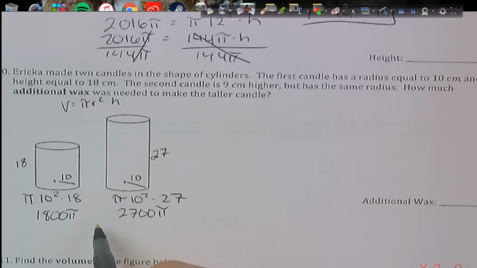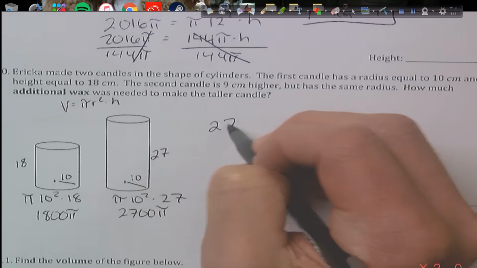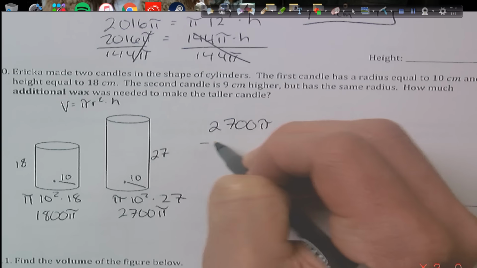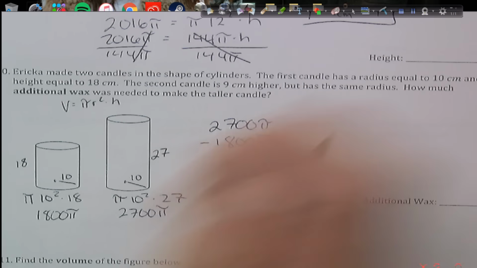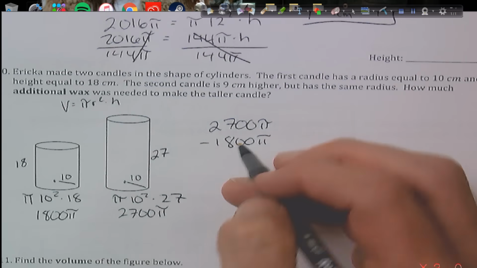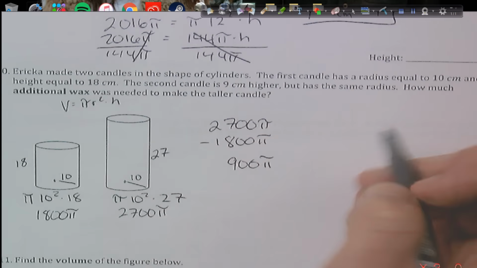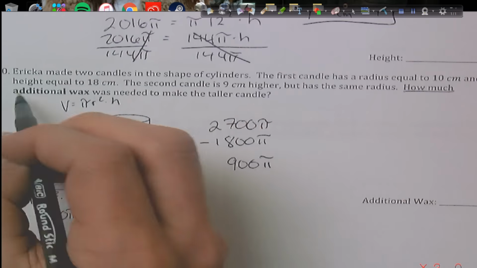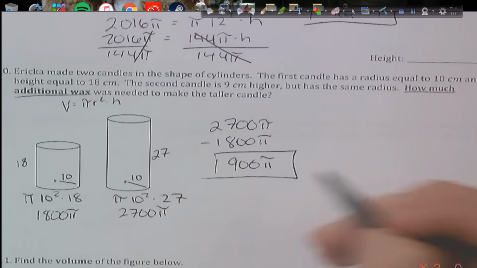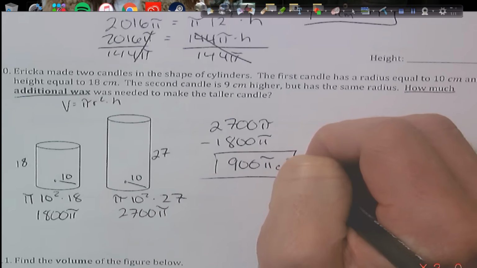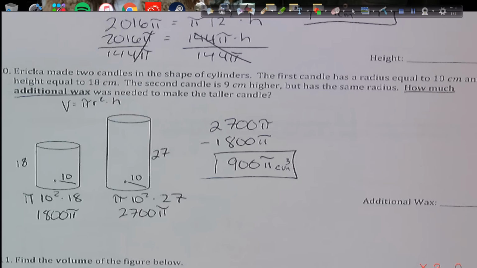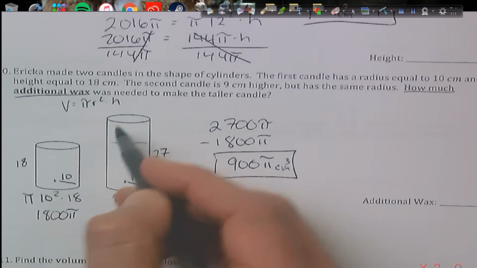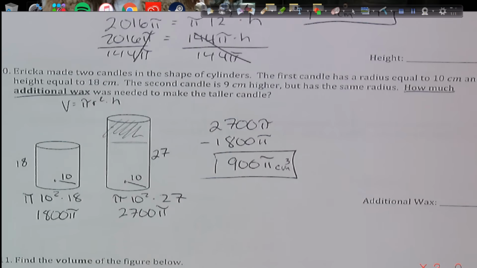And what we can do is subtract those and see what the difference is. If we do that, we get our difference to be 900 pi. So how much additional wax? 900 pi cubic centimeters. So that would be the equivalent of all this up here, I suppose, the 900 pi.